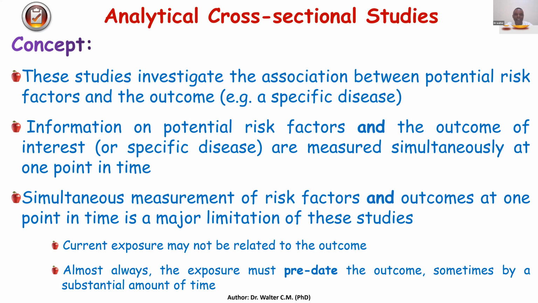You assess the current exposure related to the outcome, and you can also assess the outcome by itself. But sometimes, and always, we say that exposure in cross-section and especially analytical study must predate the outcome. So factors must be there first before the outcome.